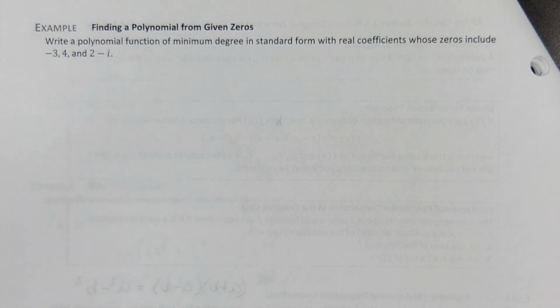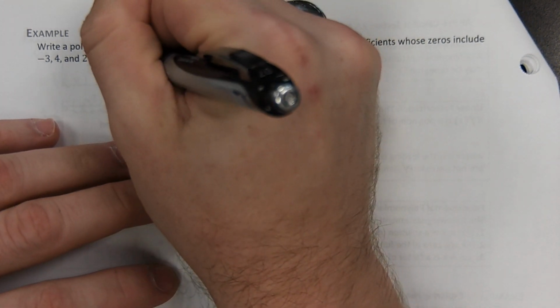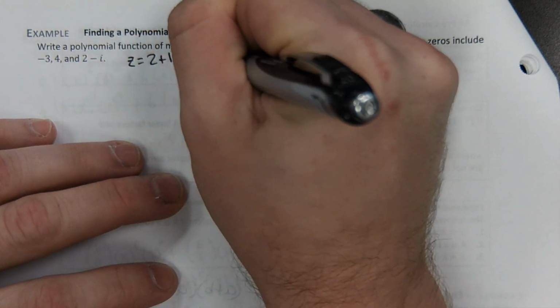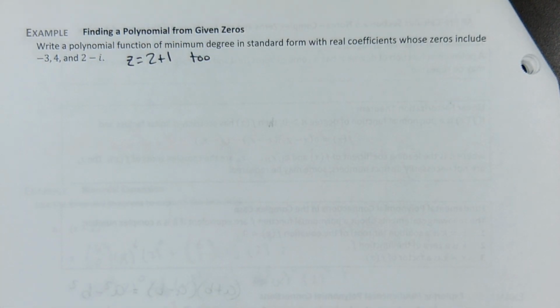And we know that x equals 2 minus i is a solution. What else do we know? 2 plus i is also a solution. Because it's impossible to have just 2 minus i. That means we also have to have the 2 plus i as well.